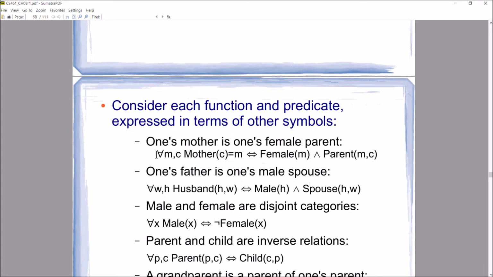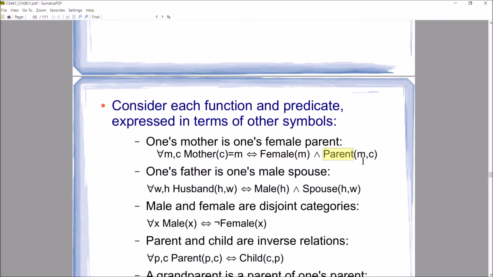So let's go back and revisit universal quantification and some of the stuff that we grabbed from propositional logic. You could say, well, one's mother is one's female parent. So for all M and C, for everything in the domain, the mother of some child C is equal to M if and only if that M, that object being represented by M, is female, right?